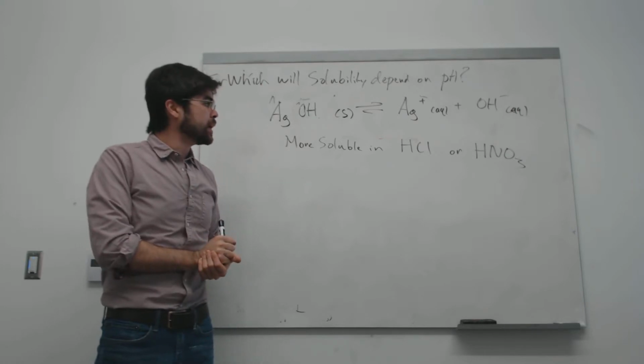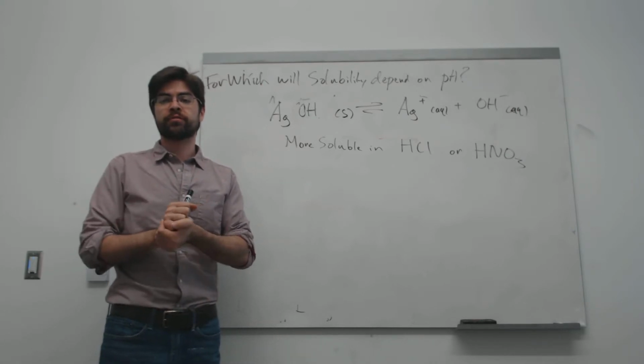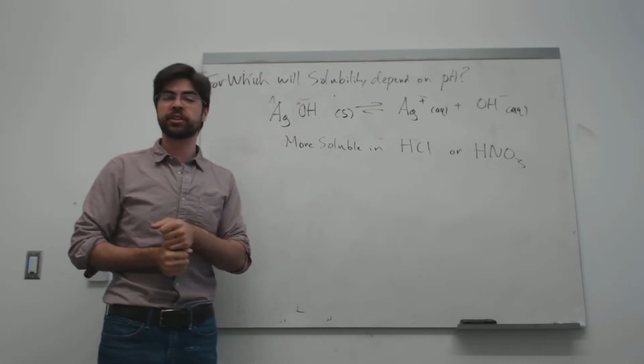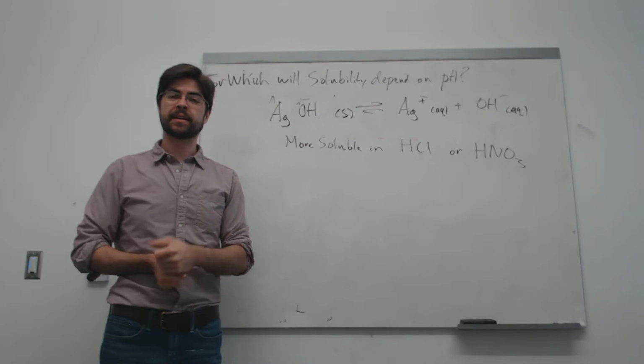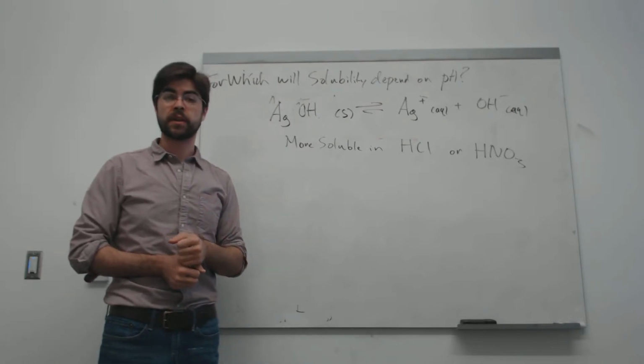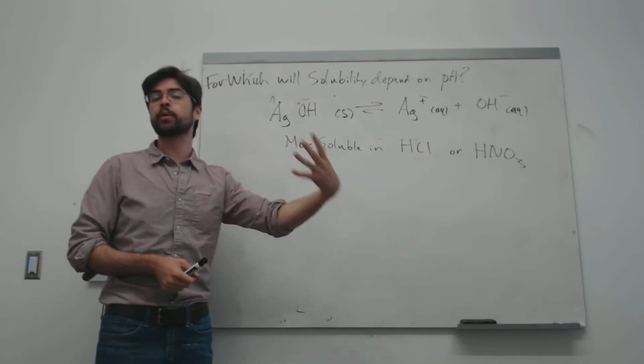Okay, so I'm thinking that there's one of two options that people thought of. One prediction that people might have made is that it's equally soluble in both of these substances. They're both strong acids. If I didn't tell you what the concentrations were, but they're both strong acids.